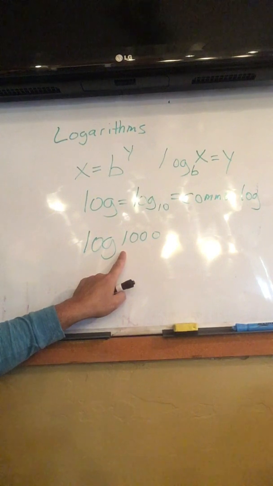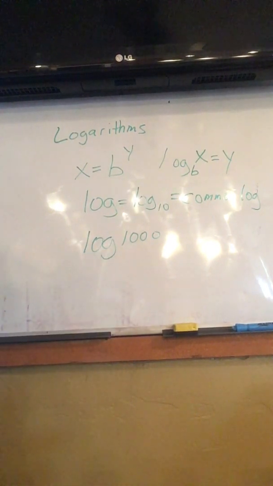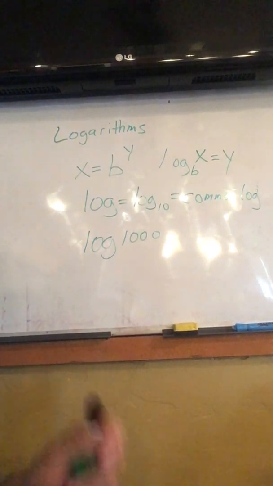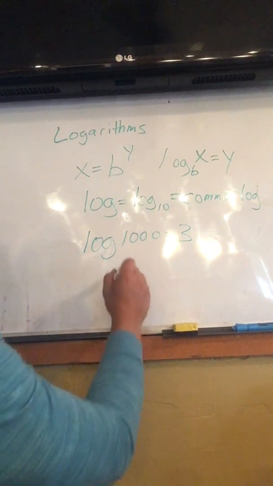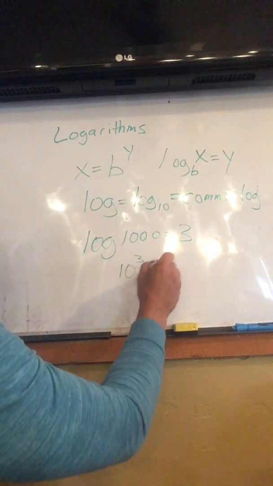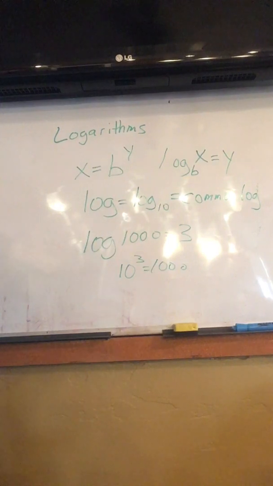So 10 to what power is 1,000? If you put that in your calculator, hit 1,000, and hit log, you will get the right answer. In this case, it is a whole number, and you should get 3. 10 to the third power is 1,000. Okay.